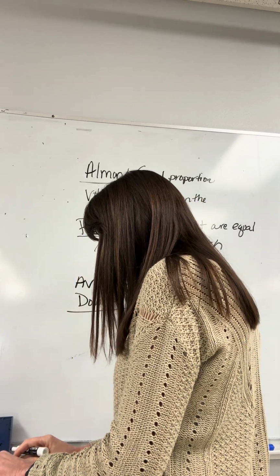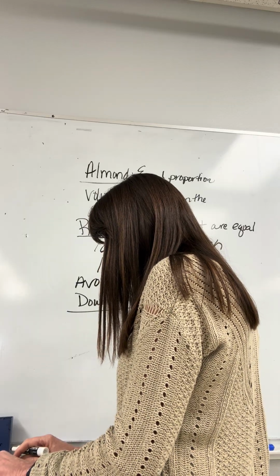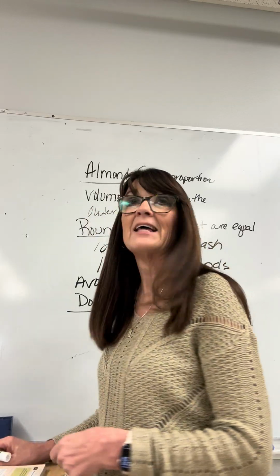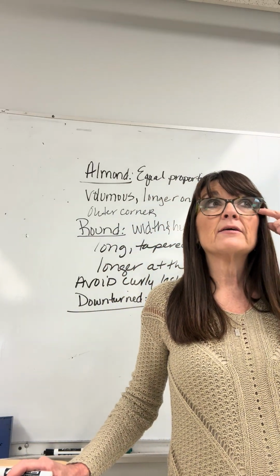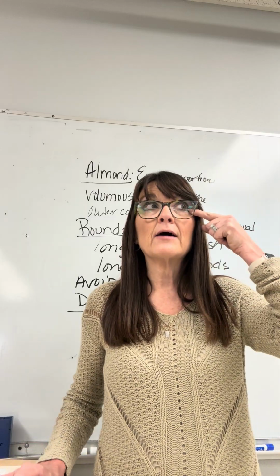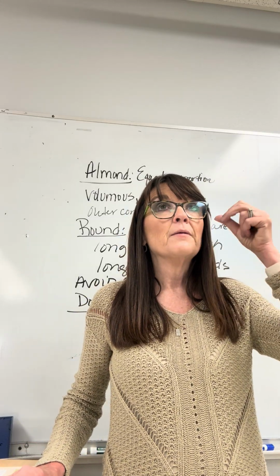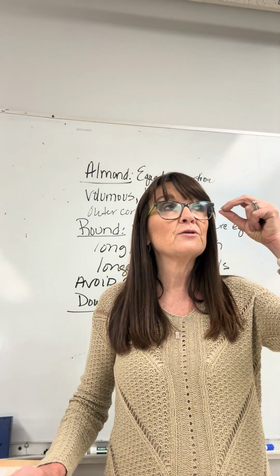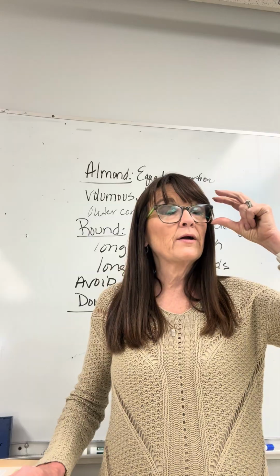It says to use a D or double D curl on the outer corner lash to give the illusion that the eye is lifted. So on the outside of my eye, I want to use something that's longer and curlier because it's going to give the illusion that my eye is lifted and open more.